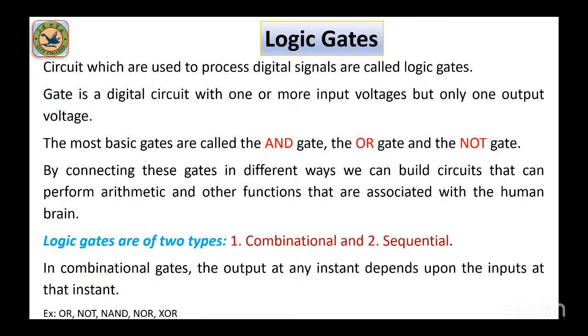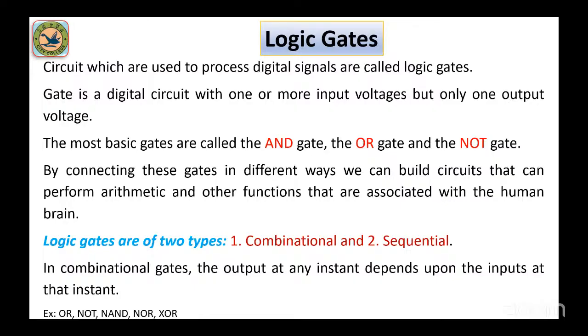These gates you can easily connect in different ways to build a new circuit to perform other new arithmetic operations, which are also associated with the functions of the human brain.